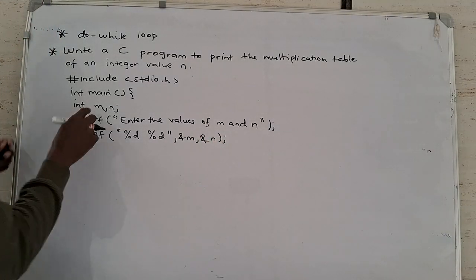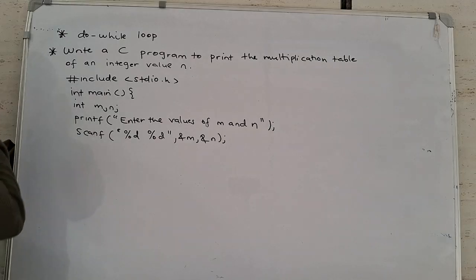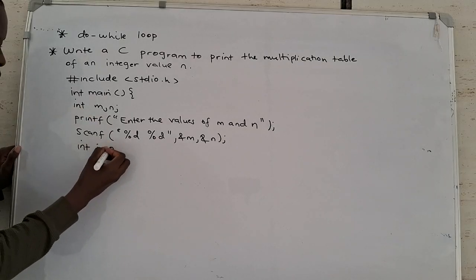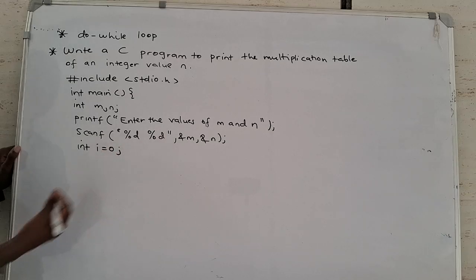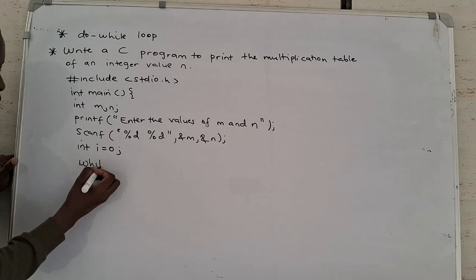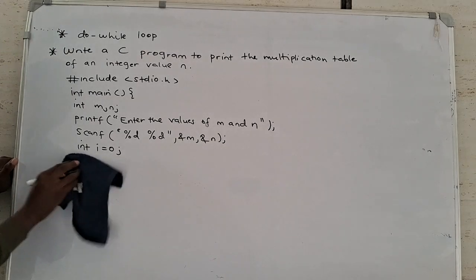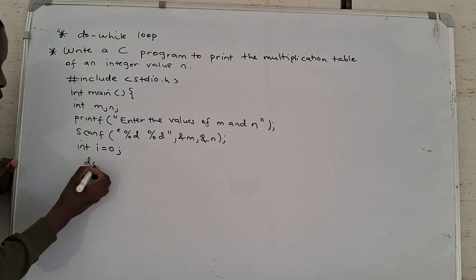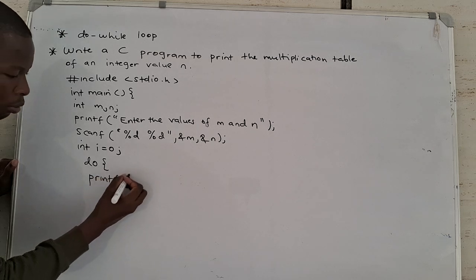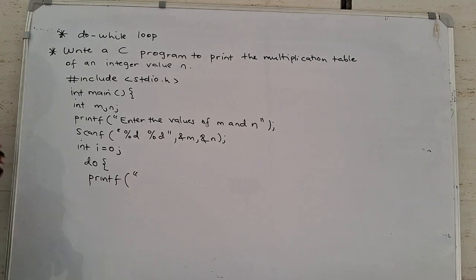Now I'm going to say the initial value. Now I'm going to say int i is equal to 0. Yes, int i is equal to 0. Here, sorry, this is the do while loop. So I'm going to say do, printf. What are we supposed to print?